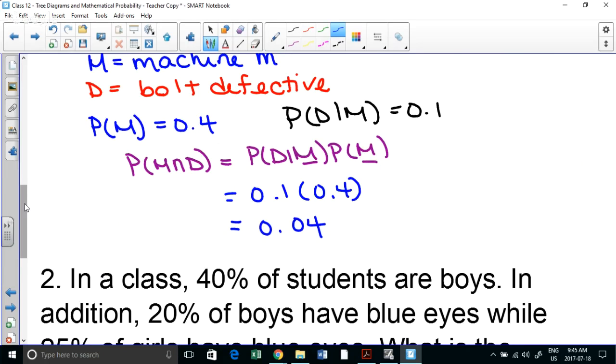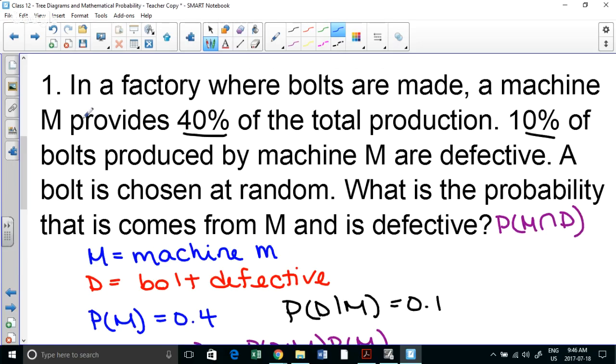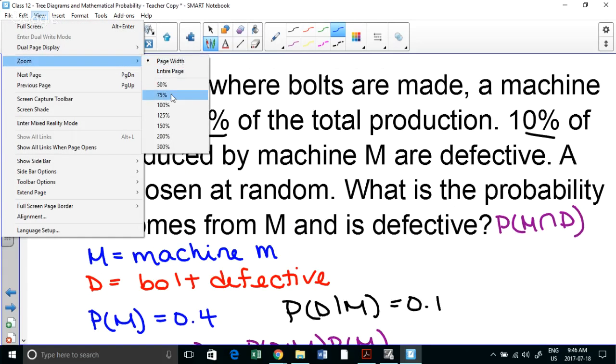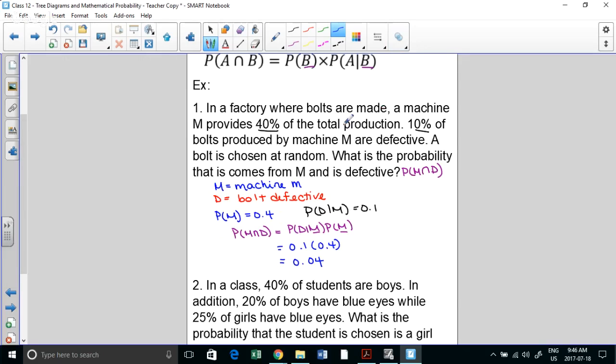But the important thing to notice from this question is you have to really understand, the biggest thing with these type of problems is that you really have to understand what the information is that they're giving you. So I had to identify what the 40% represented and what the 10% represented, and then what they actually wanted.